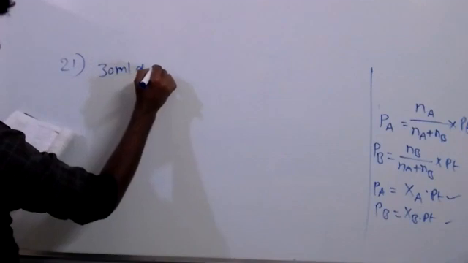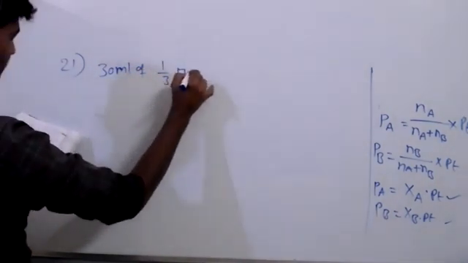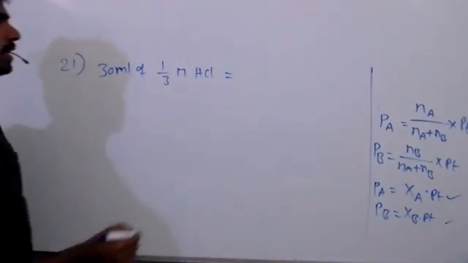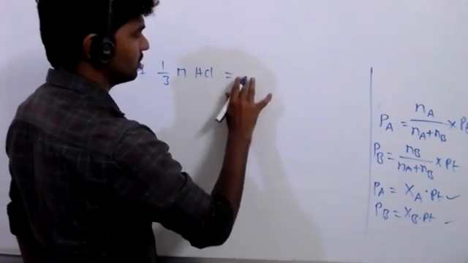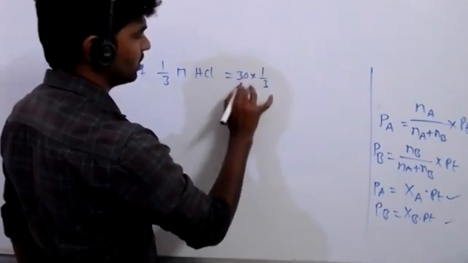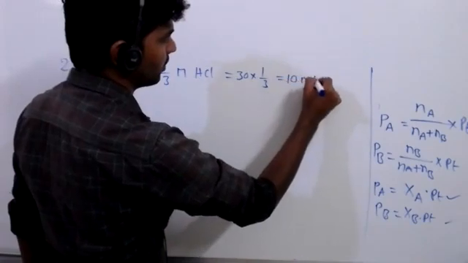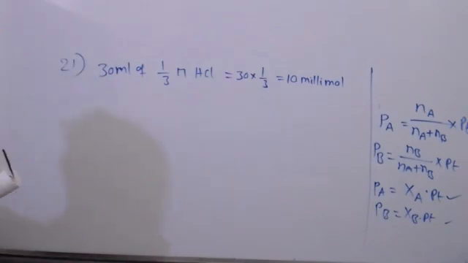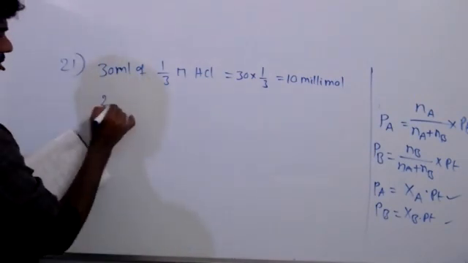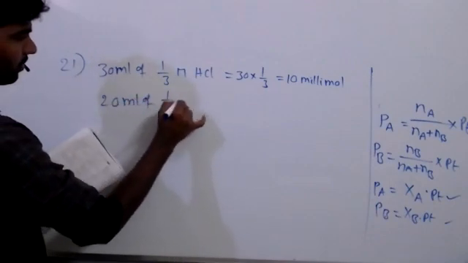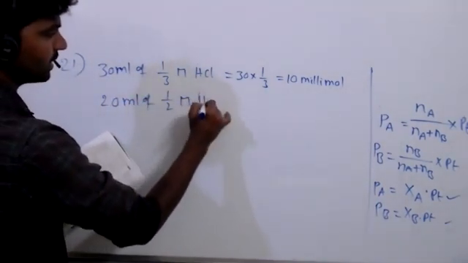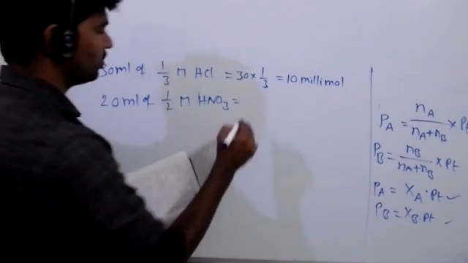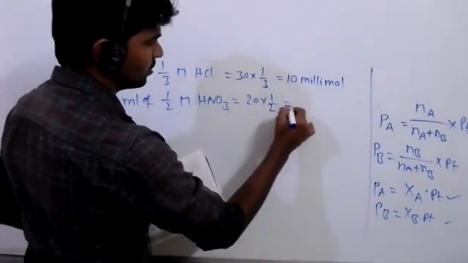30 ml of 1 by 3 M HCl: multiply 30 into 1 by 3, that is 10 millimole. Next, 20 ml of 1 by 2 M HNO3, this is also acid: 20 into 1 by 2, also 10 millimole.